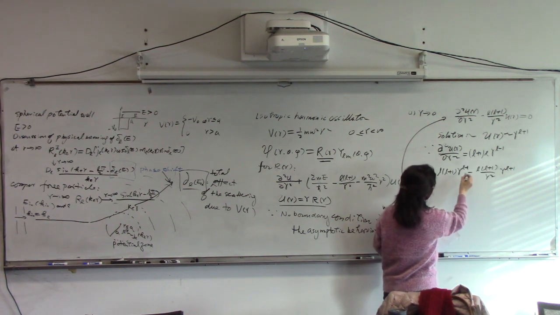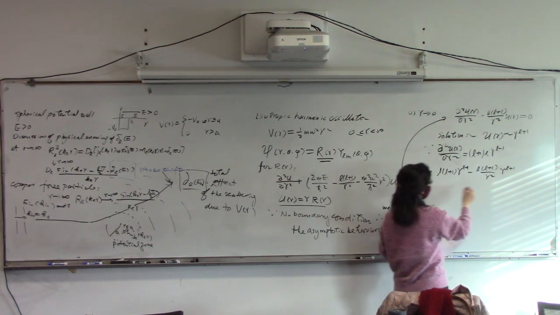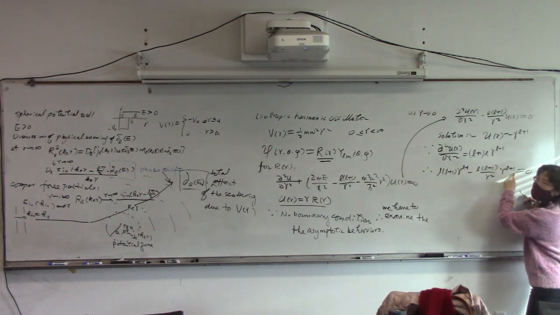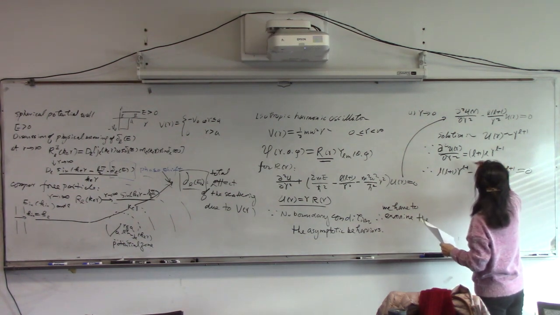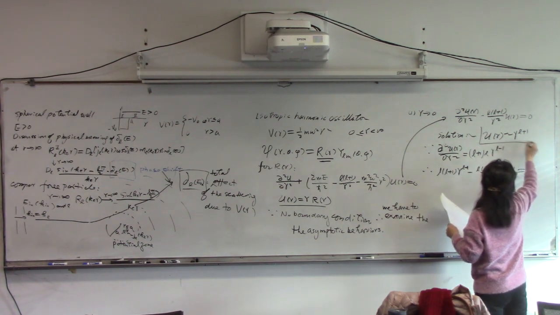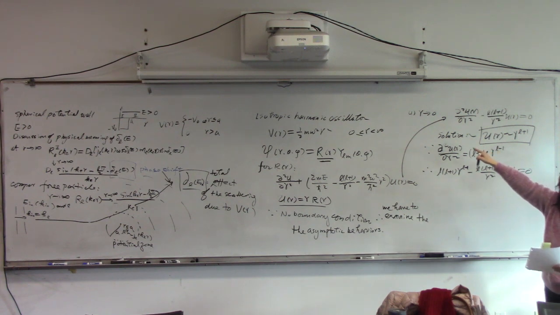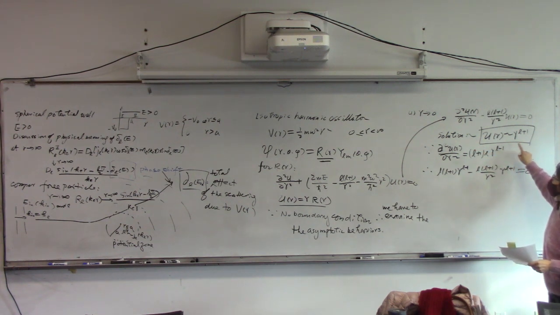And you can see this is 0, right? Because if you take the r squared in the denominator, you have r^(l+1), so this cancels. So this gives us the asymptotic behavior of this radial function when r goes to 0.